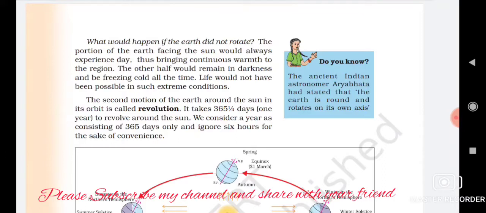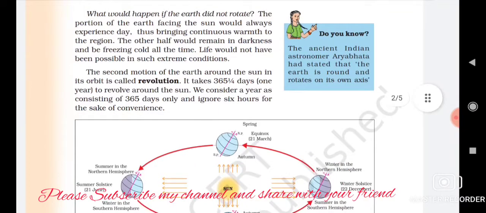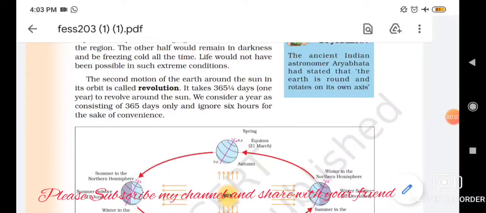The portion facing the sun would have day all the time, and this continuous brightness would warm the region. The other half would remain dark and freezing cold all the time, and life would not have been possible.